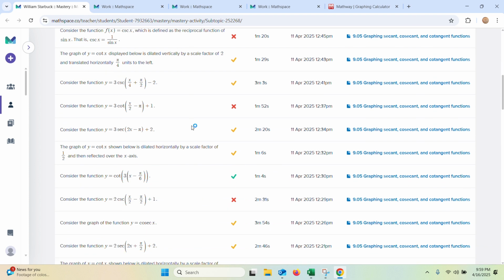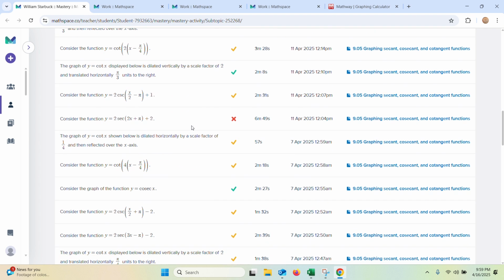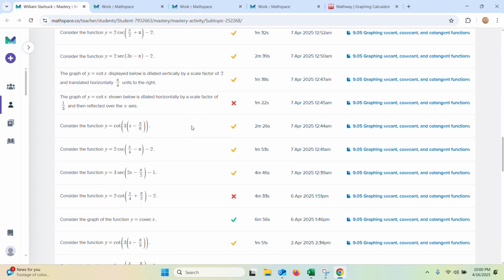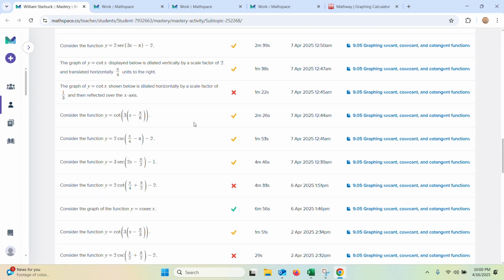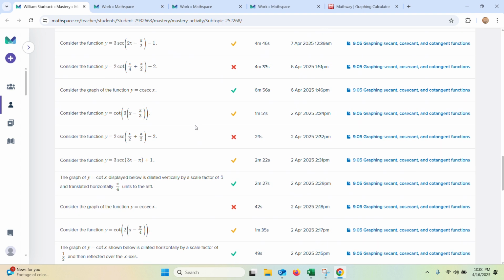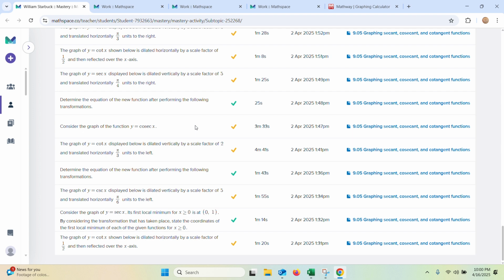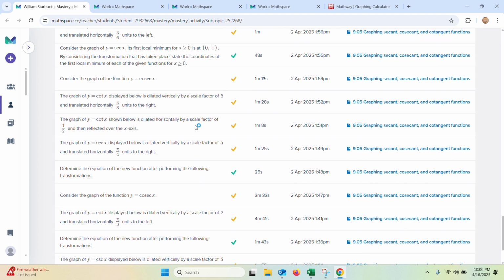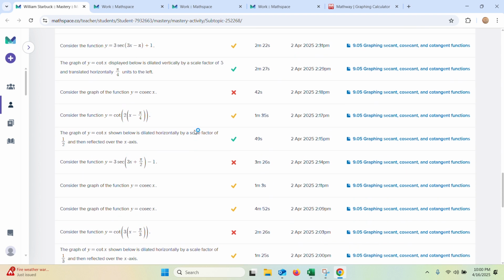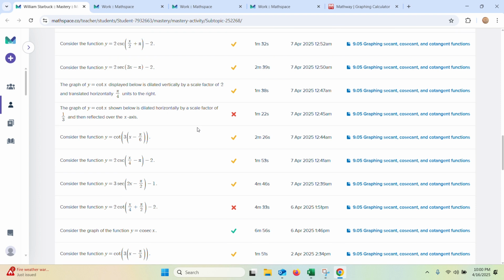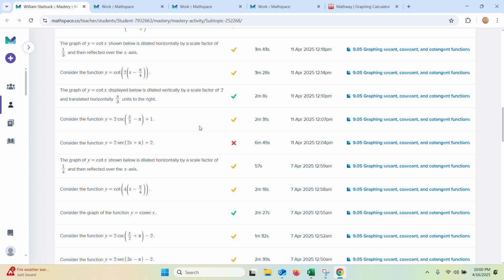Let me look here. Let me try to find another one. I'm not finding tons of the graphing ones. I wanted to do another one like that, but with a different function.